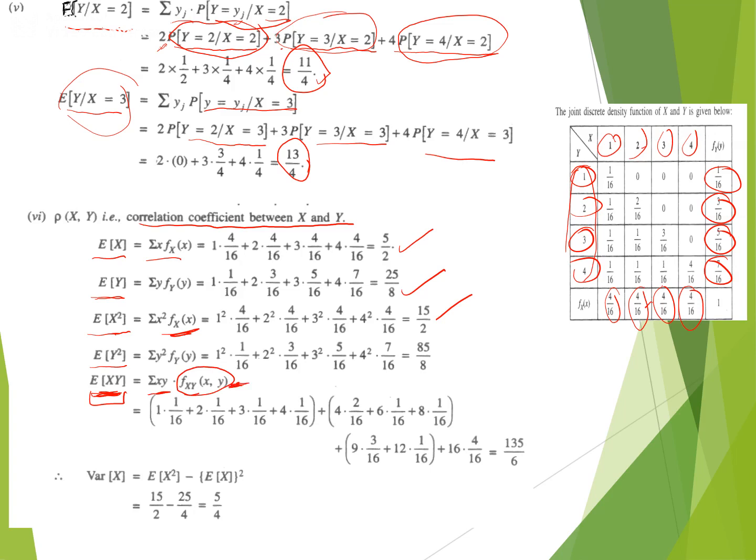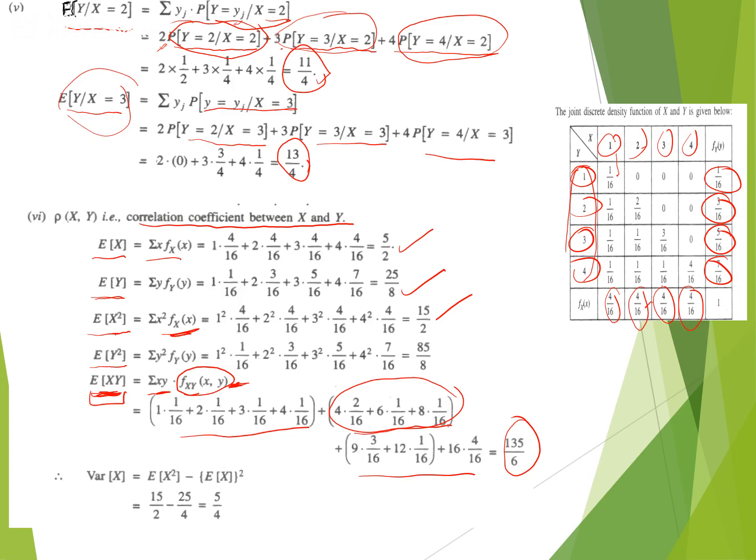So we write x into y, 1 into 1 by 16, 1 into 1 by 16, 2 into 1 by 16, and 3 into 1 by 16, plus 4 into 1 by 16, plus 4 into 2 by 16, 6 into 1 by 16, and 8 into 1 by 16. In a similar manner, you find the expectation of xy, which is 135 by 6.